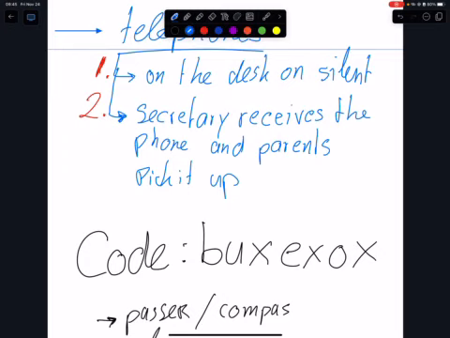Page 156, 4 ABCD. Send it through the classroom. Do not forget your phone or else it will disappear.